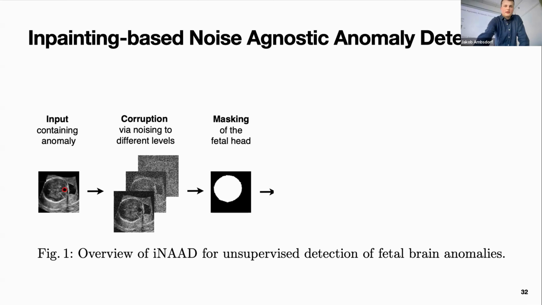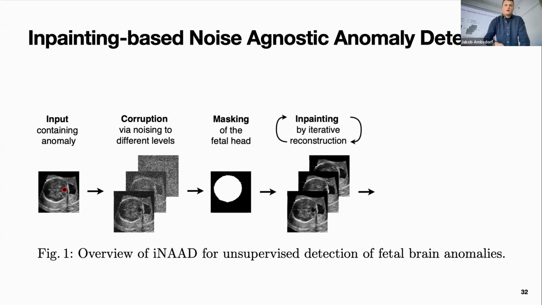It's called in-painting. Then we reconstruct, so we in-paint the area within the head. The idea is that because the model has only seen how healthy brains look, it has some noisy area and will try to reconstruct a healthy brain that looks like what it sees there.